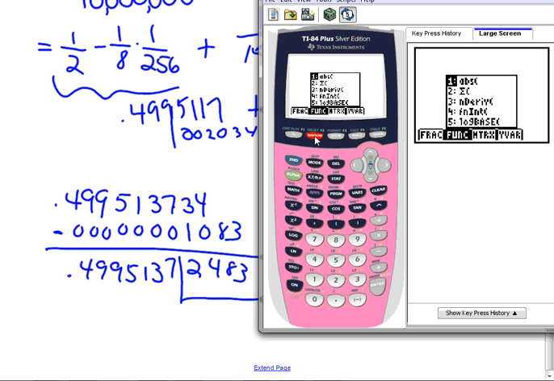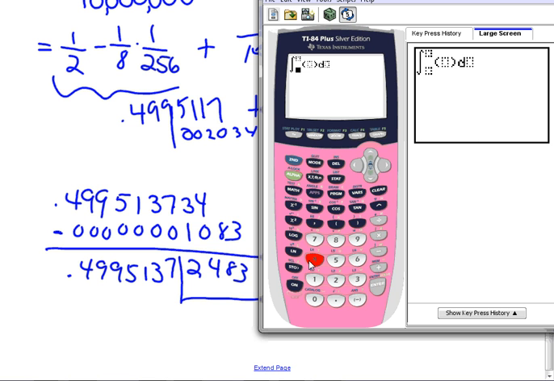The integral. And we want to do 0 to a half. It will not converge if that value is higher than a half. And then we want my y1. And I can get my y1 here. So if you don't have this, you should put it on your calculator. And I need a dx. If you want to bring it to CAS, we can find out what the exact answer is, if it's doable. Did I do it right?